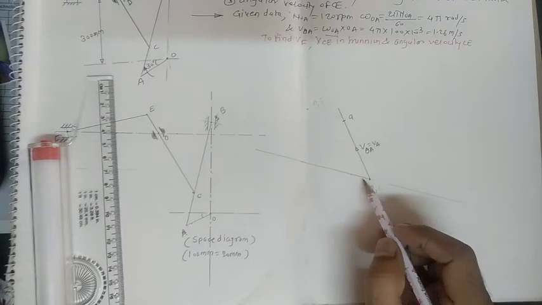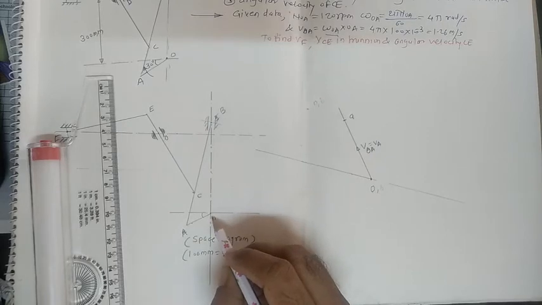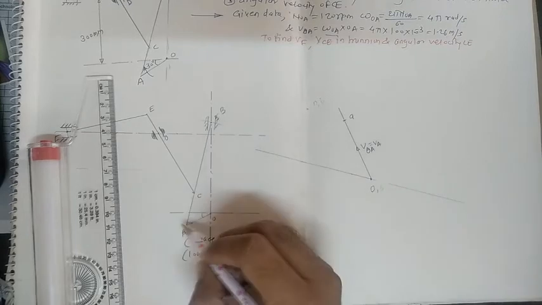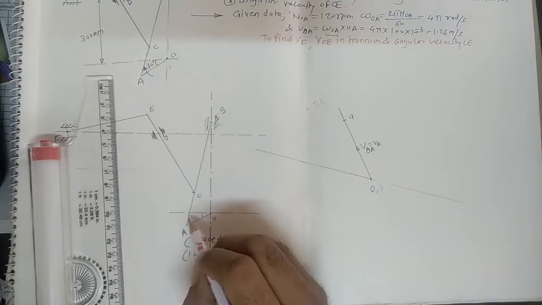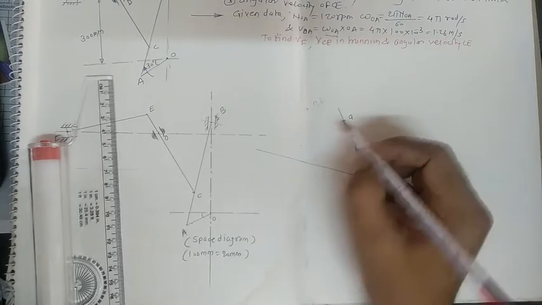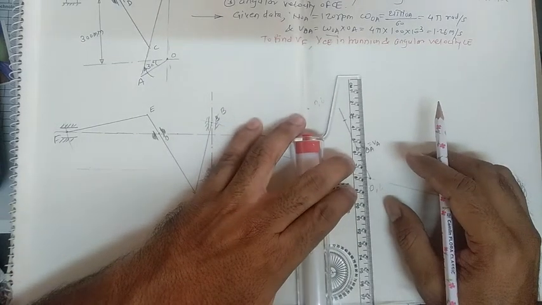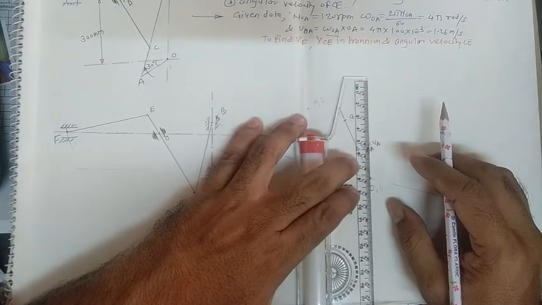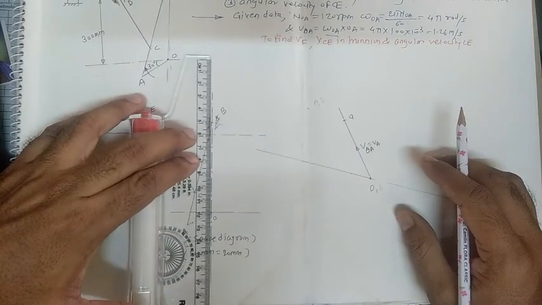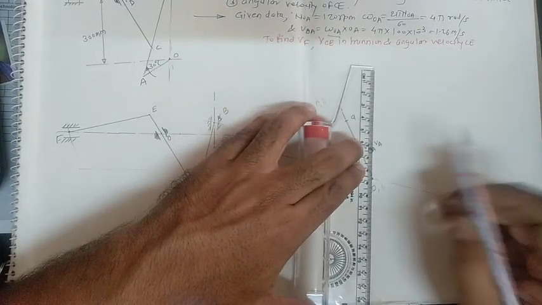Now if you say the O point is here, what's about this vector? This vector is nothing but VOA equals VA, because this actually possesses only a single motion. So this point is the fixed one. A point somewhere here we can get. This is nothing but the path followed by that slider. As per our previous discussion, whatever the path followed by that slider, you have to show a parallel line to the path followed by the particular point. So I'll show here a parallel line.